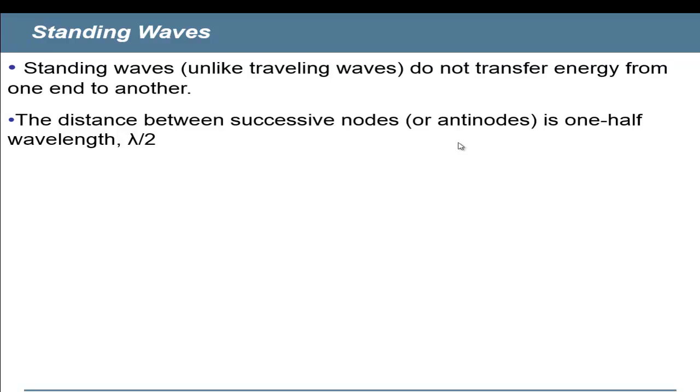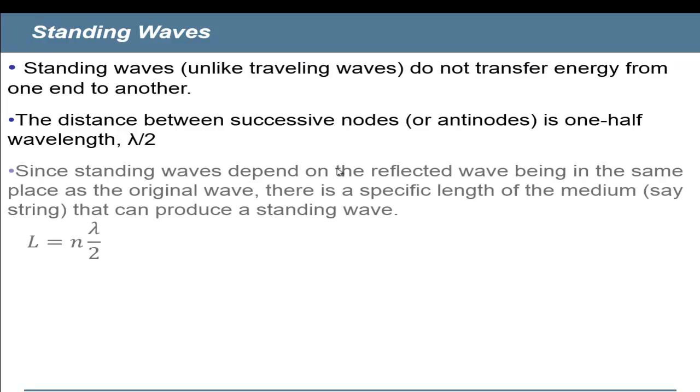And as you probably noticed in those pictures and animations, the distance between successive nodes or antinodes is half of a wavelength, so 1/2 of lambda, or lambda over 2.